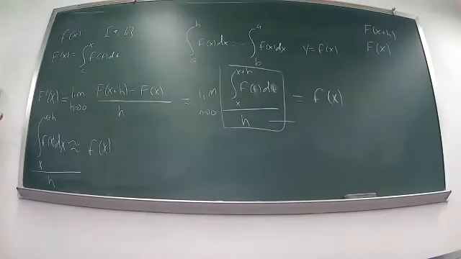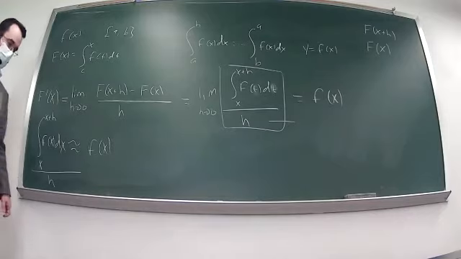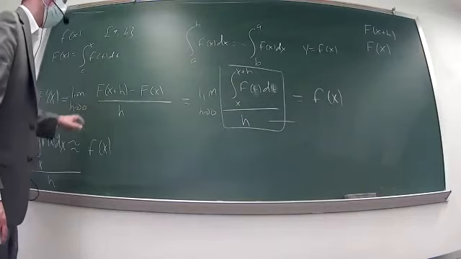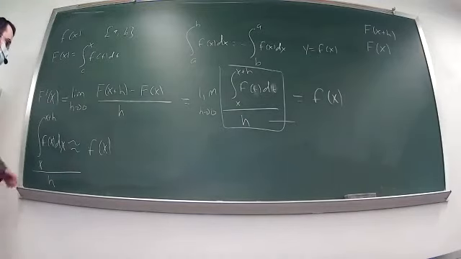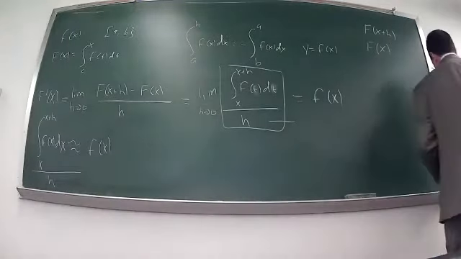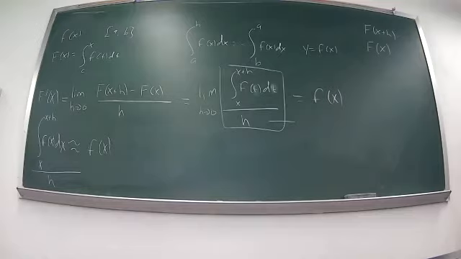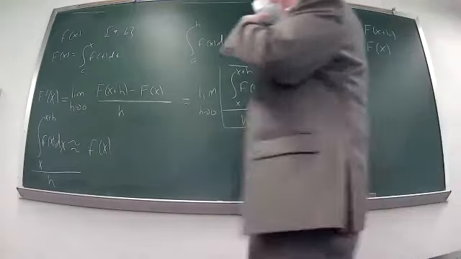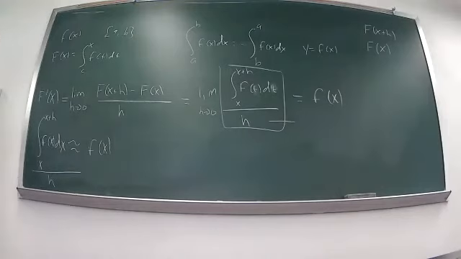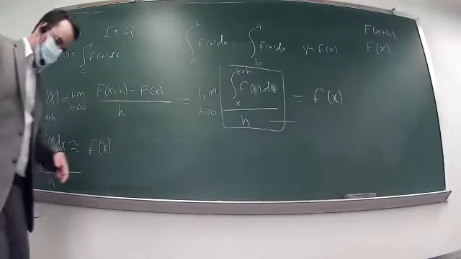And the technical details that you learn in analysis are how do you do this exactly using the precise definition of the limit, not just saying that intuitively this should get closer and closer to f of x just because of the picture. But it's very much the same idea, and there's just a few technical things that you do under the hood to make it work.